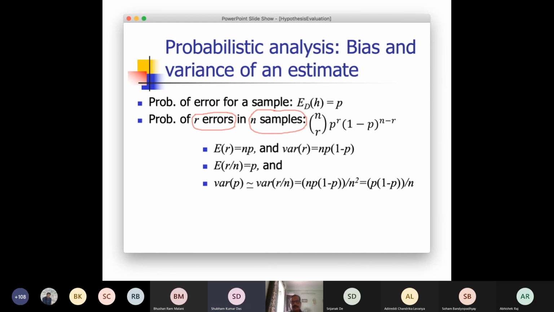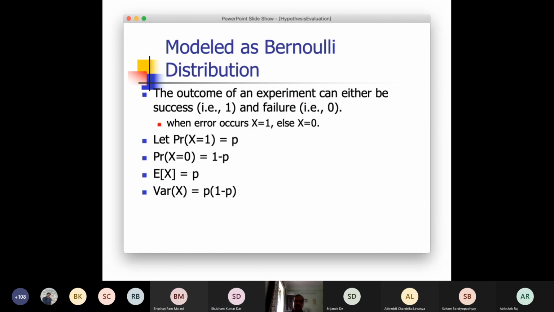Sir, what does E of r by n signify? E is expectation. I was mentioning that E is expectation. In the previous slide, there is a bit of confusion because I have used the same functional notation.